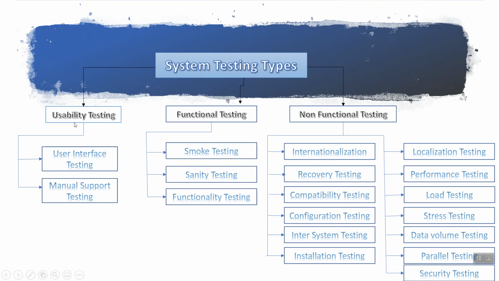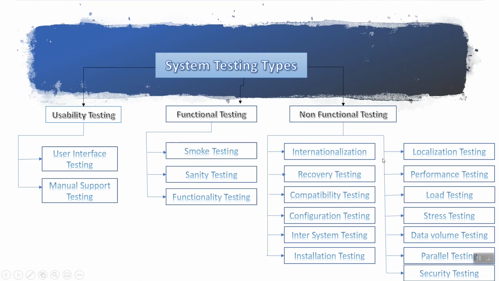Three main types are usability testing, functional testing, and non-functional testing. Under usability testing, there are two different types: user interface testing and manual support testing. For functional testing, it is categorized into smoke, sanity, and functionality testing.